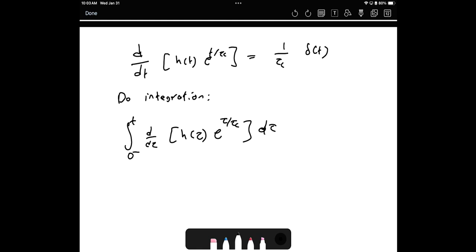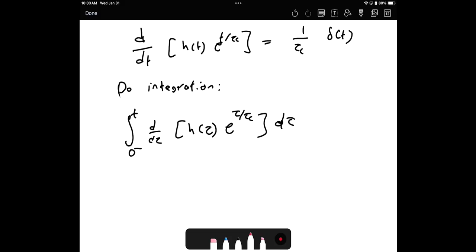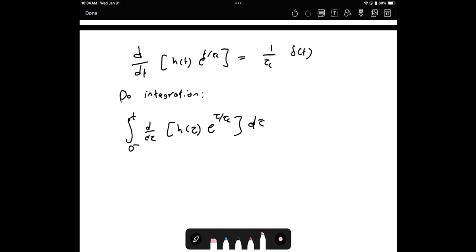You notice that I use tau instead of t as the dummy variable because I already used t in the integration limit. Then it will equal 1 over tau c, the integral from 0 negative to t of delta of tau d tau.